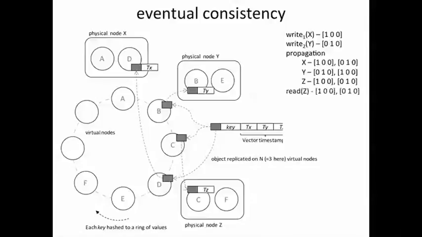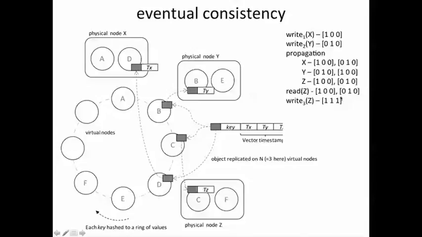For example, now if we read the value at z, where we read both these replicas 100 and 010 from the location z, and now we do some computation and write a fresh value.